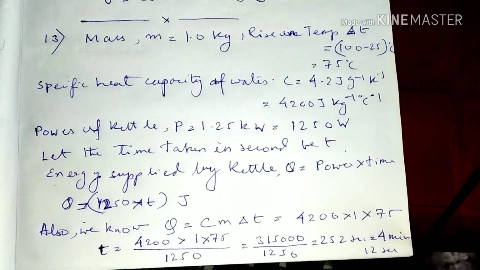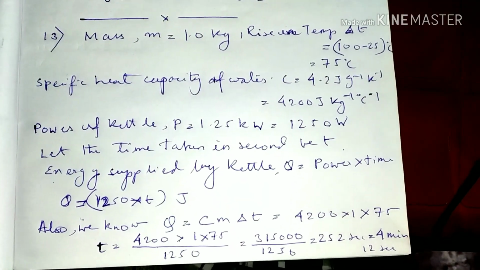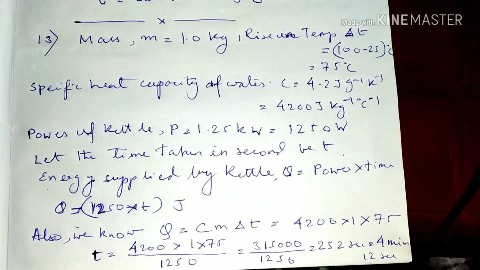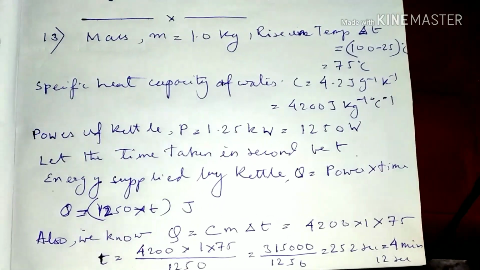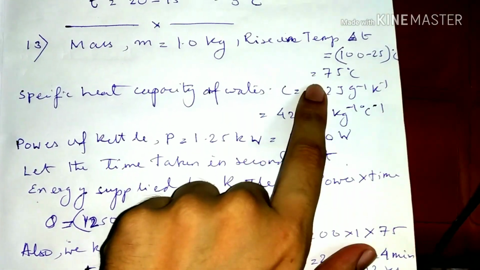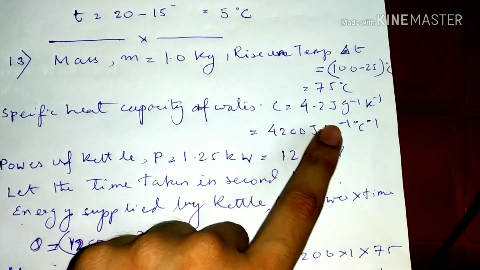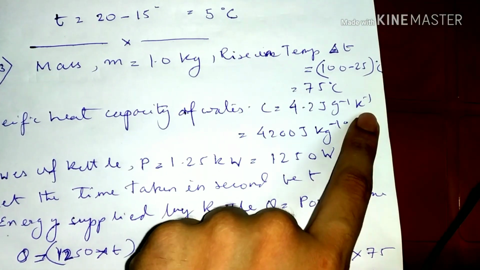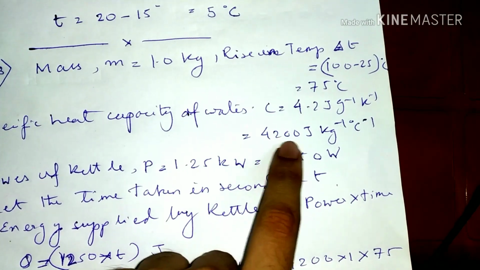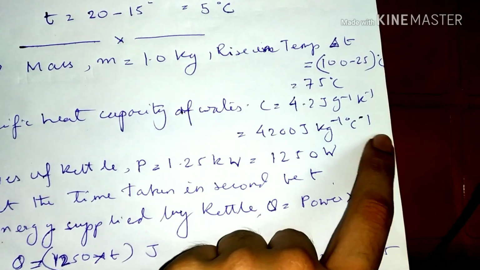Mass m is equal to 1 kg. Rise in temperature, delta T, is equal to 100 minus 25, that is 75 degrees Celsius. Specific heat capacity of water is 4.2 joule per gram per Kelvin, that is 4200 joule per kg per degree Celsius.